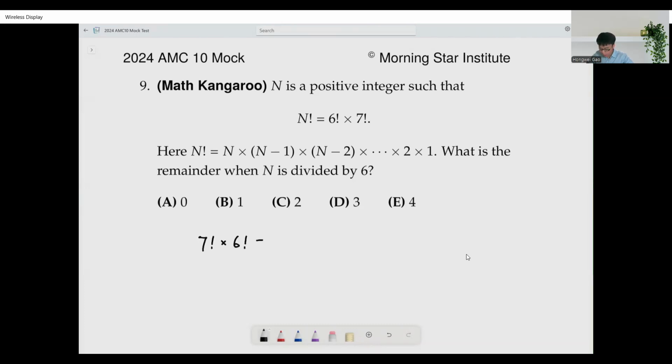Let me keep 7 factorial and write 6 factorial as 1 times 2 times 3 times 4, 5, 6. We are trying to solve for n by writing this product as a factorial. Now we already have 7 factorial, so the next number should be 8. So let's find 8.